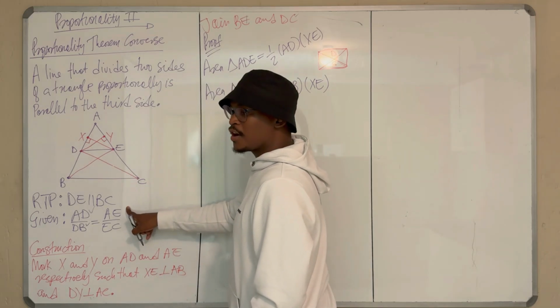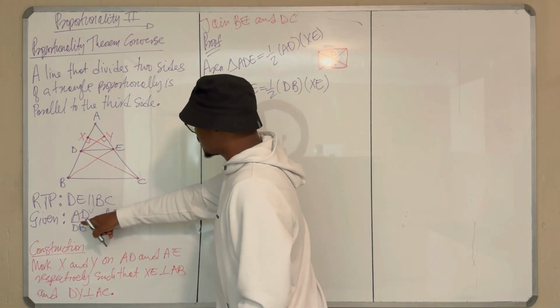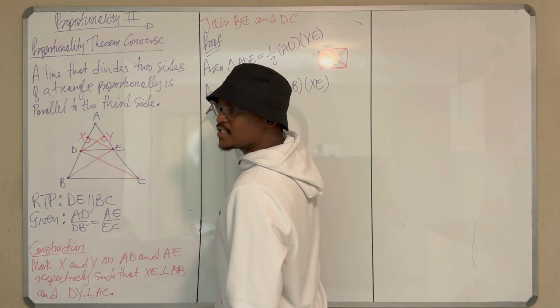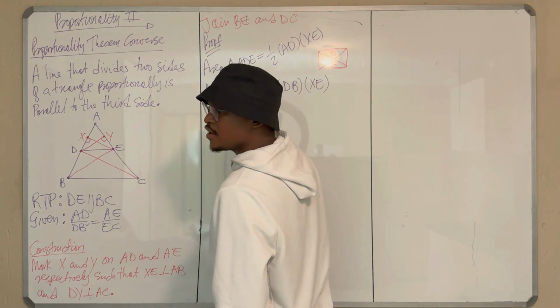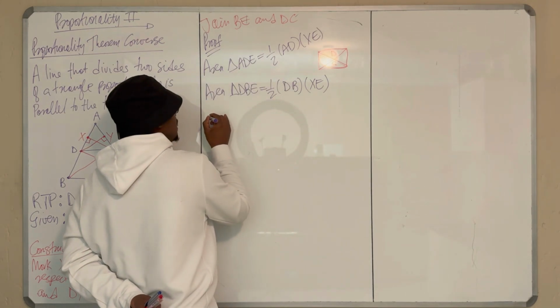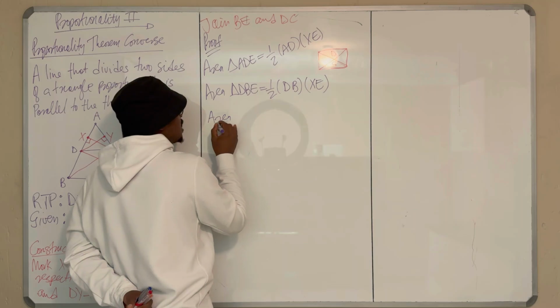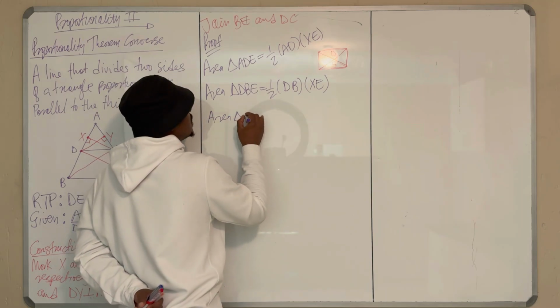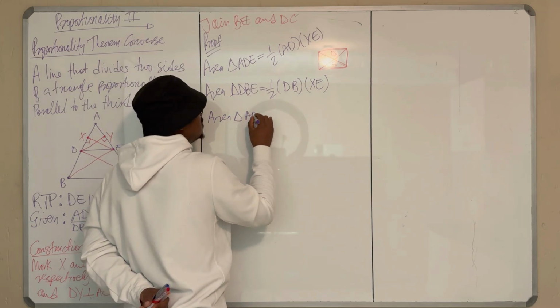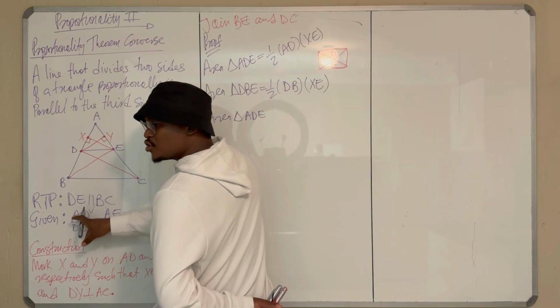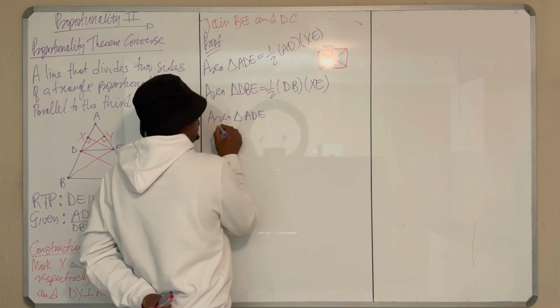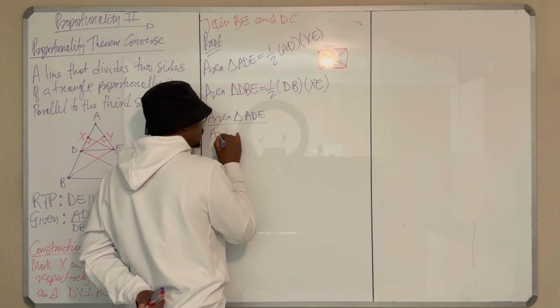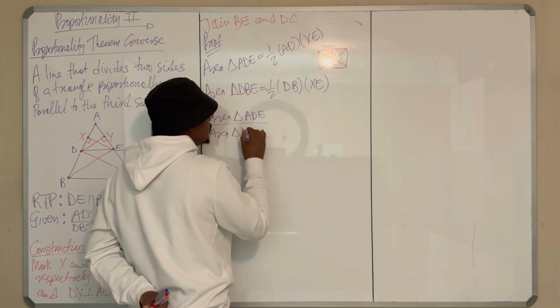Next, go to calculate. Actually, after doing this, take the ratio of these areas. So this area over that area. We're going to say the area of triangle ADE, because we want a similar ratio as that one, over the area of triangle DBE.